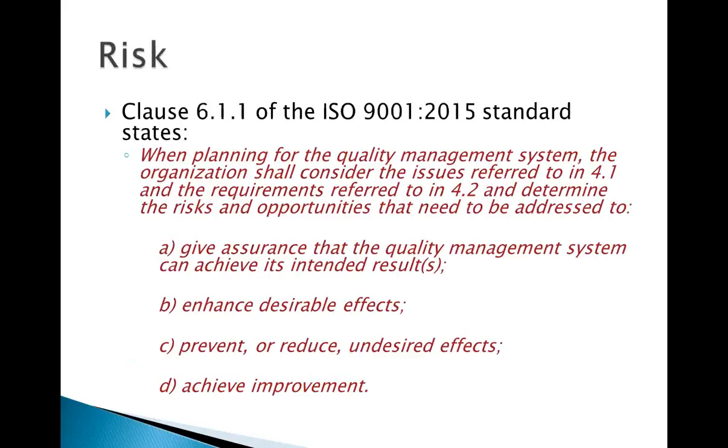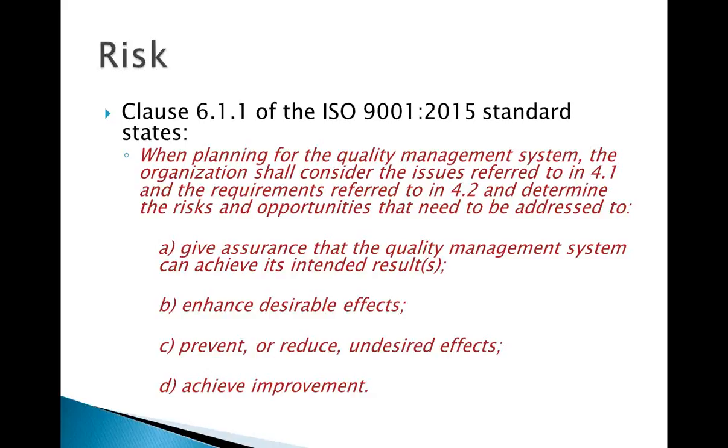Let's have a look at the core clause for risk, and it's found in section 6.1. 6.1.1 starts off with, when planning for the system, the organization needs to consider the issues referred to in 4.1. Now, just to clarify, that's internal and external issues, meaning that these are going to be things that are raised by customers and suppliers, but also within the organization, and the requirements that are referred to in 4.2.